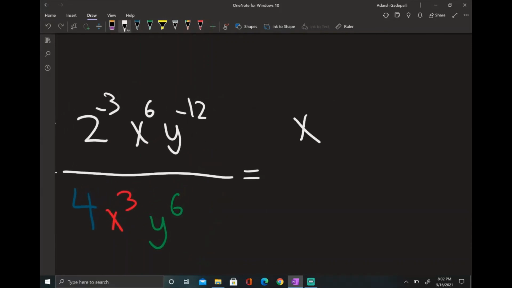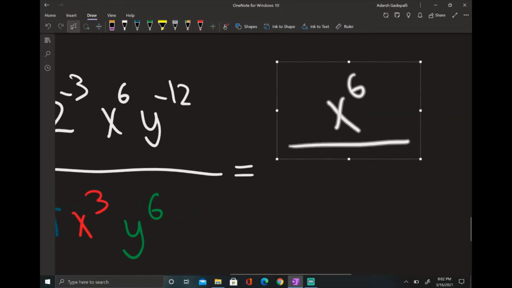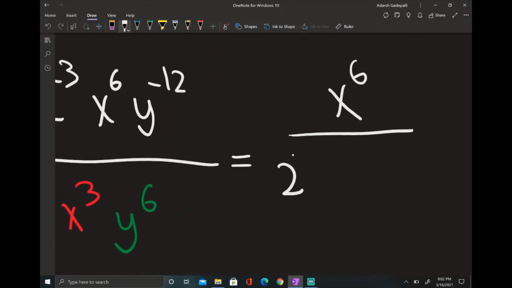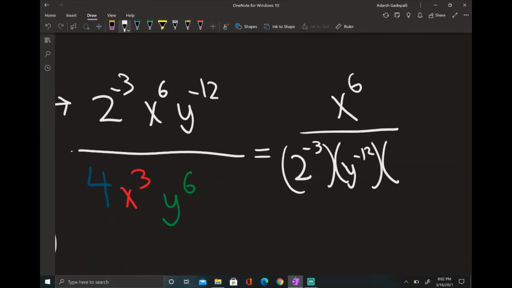So x cubed, x to the 6 is already positive, so you can leave that the way it is. And then you would have 2 to the negative 3 times y to the negative 12 times this expression, which is 4x cubed y to the 6th.